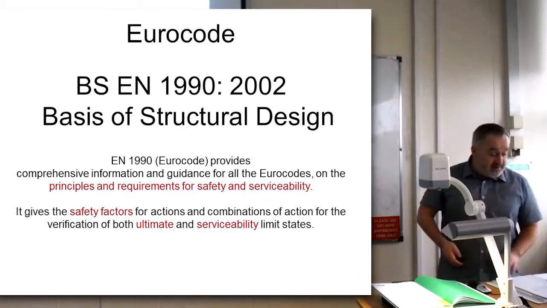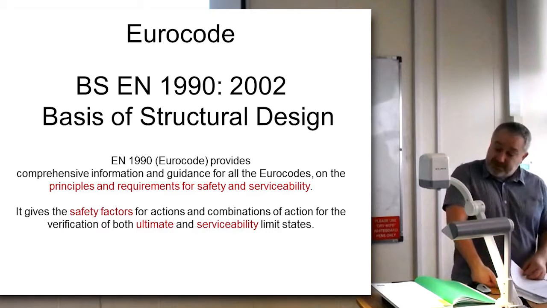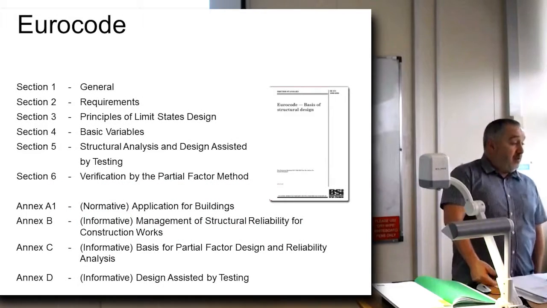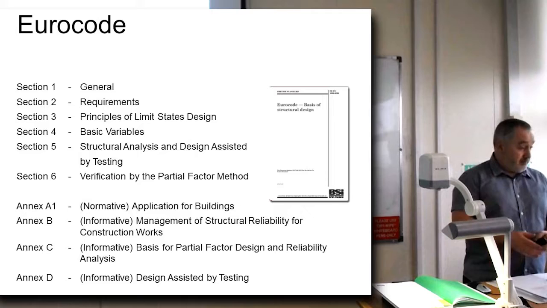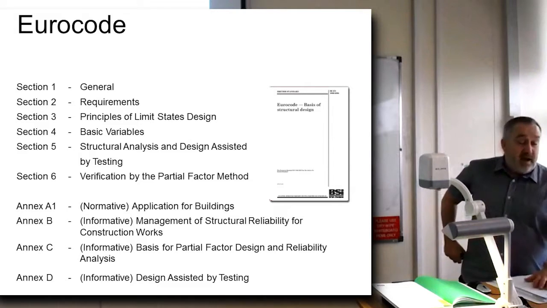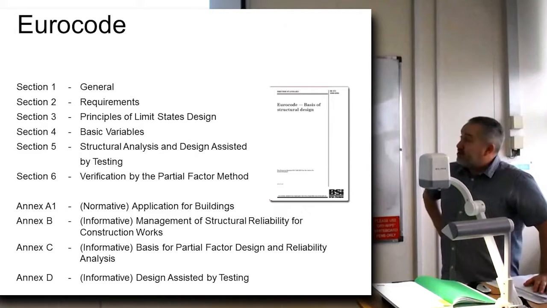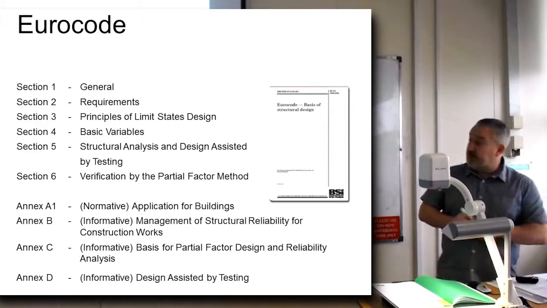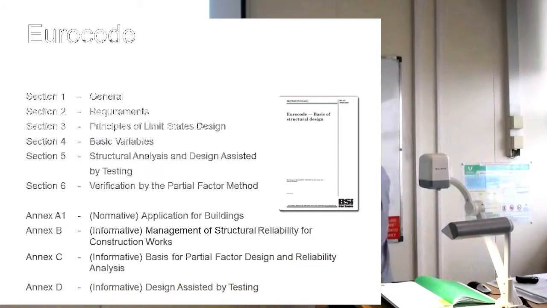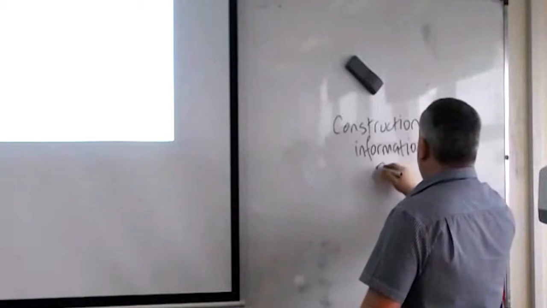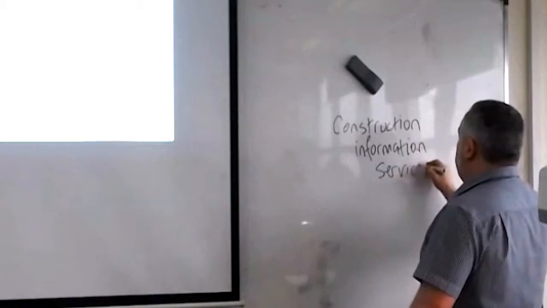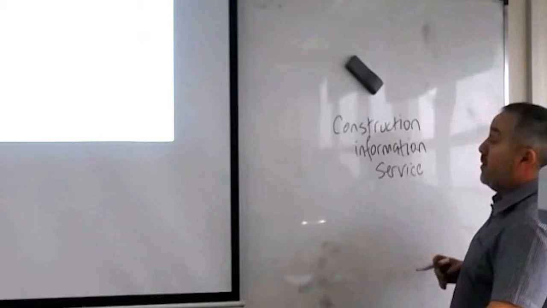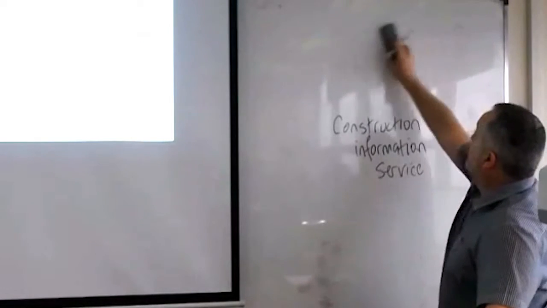Here's a contents page. So you're in your handout, roughly around page 4. We won't go through everything. If you go onto the construction information service, you can print out the whole Eurocode. If you just go via the British Standards Institute website, you'll probably have to pay for the Eurocode.